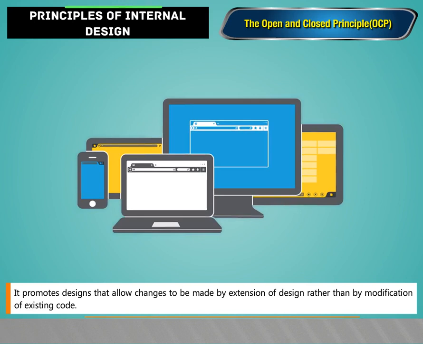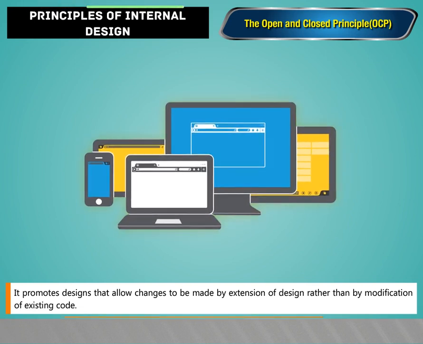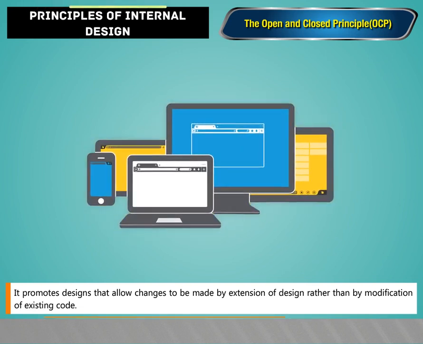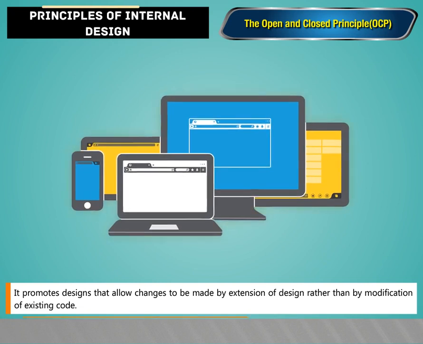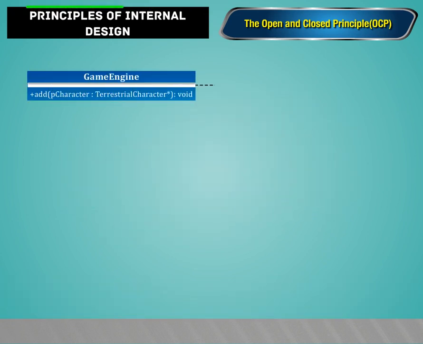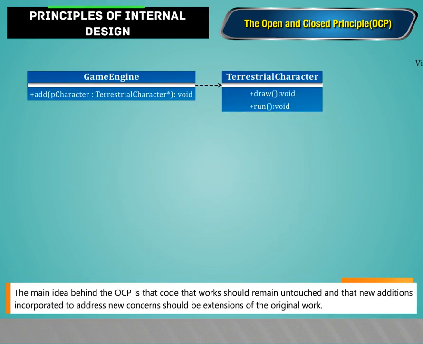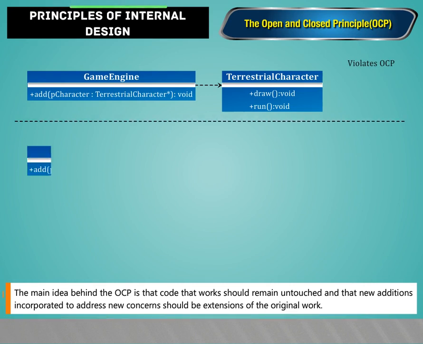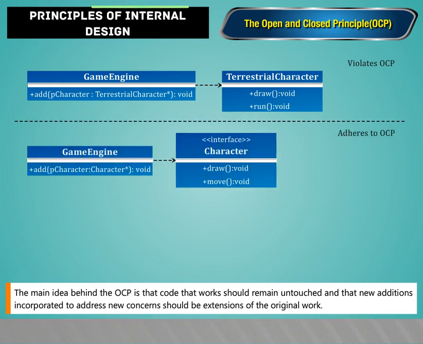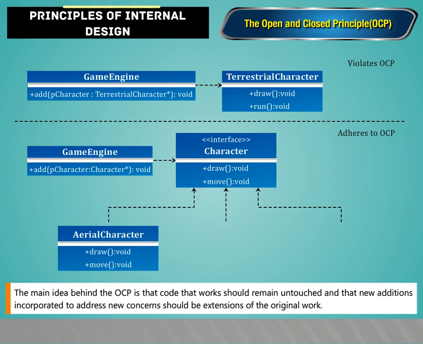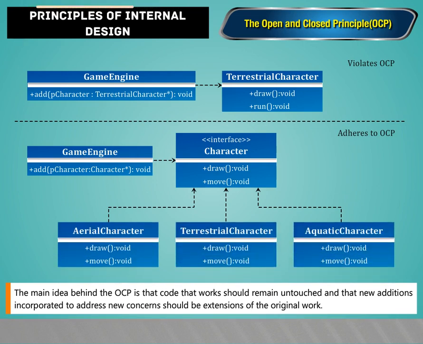It promotes design that allows changes to be made by extension of design rather than by modification of existing code. The main idea behind the OCP is that code that works should remain untouched and that new additions incorporated to address new concerns should be extensions of the original work.